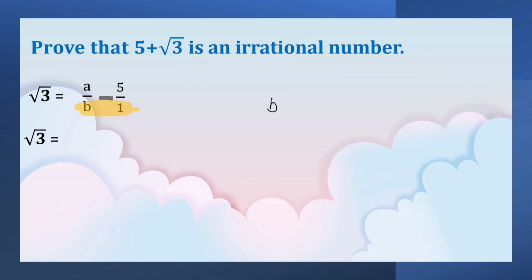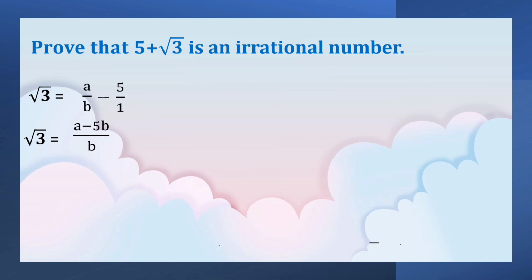How? If we multiply b and 1, we'll get b, isn't it? Here, if we multiply 1 to both sides, you'll get a. Here, if you multiply by b, you'll get minus 5b.